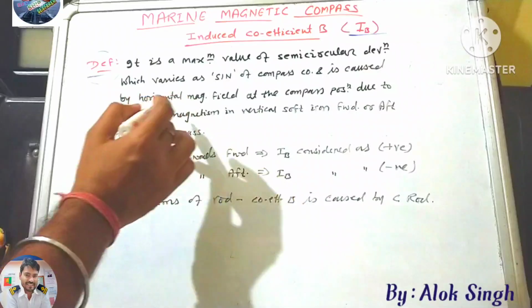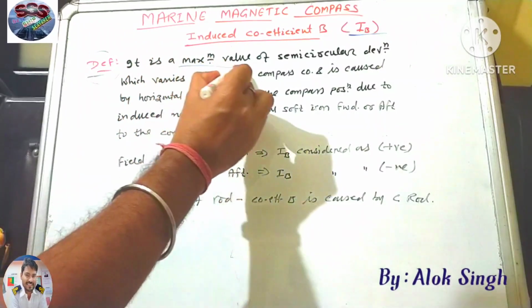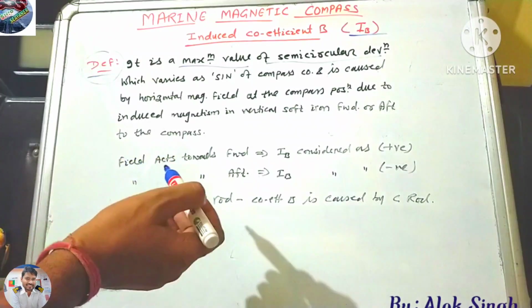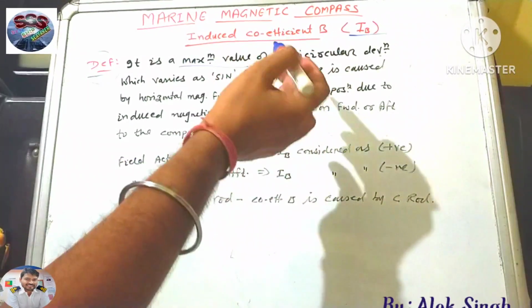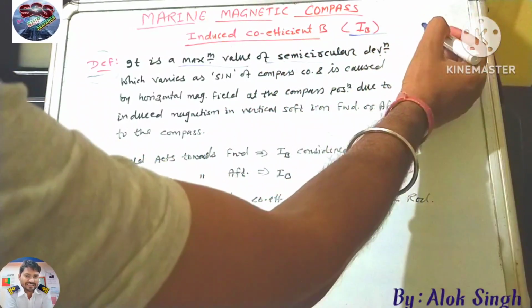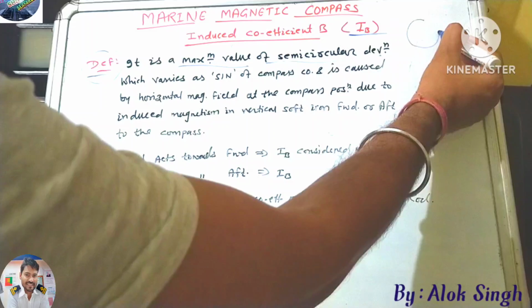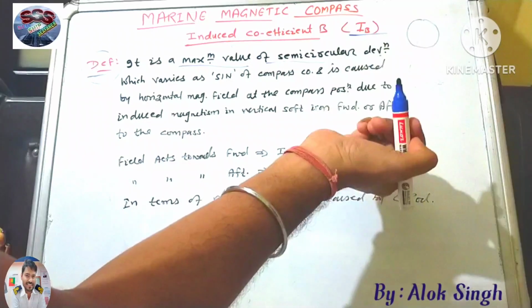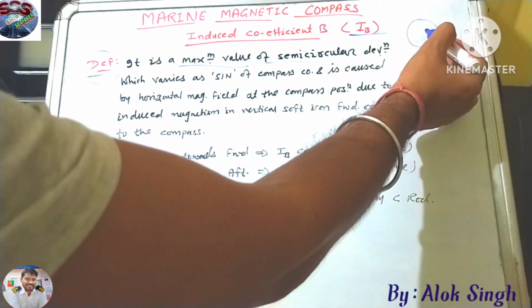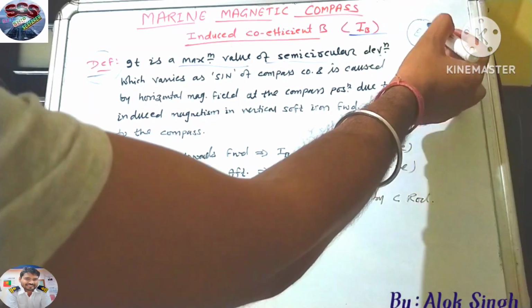From the definition, you will see it is the maximum value of semicircular deviation, which we just studied in our permanent coefficient B. In that one, which we have already discussed, it is semicircular. The circular means 360 degrees, it will be either east or west.